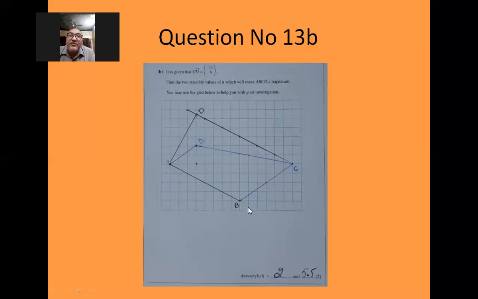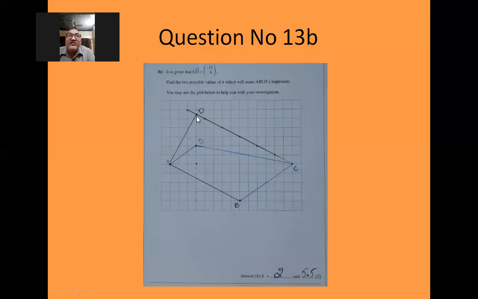The other possible trapezium is when this side and this side are parallel, so this big one is also a trapezium. But D is on this line. When I draw a line parallel to this line, I draw this black line.